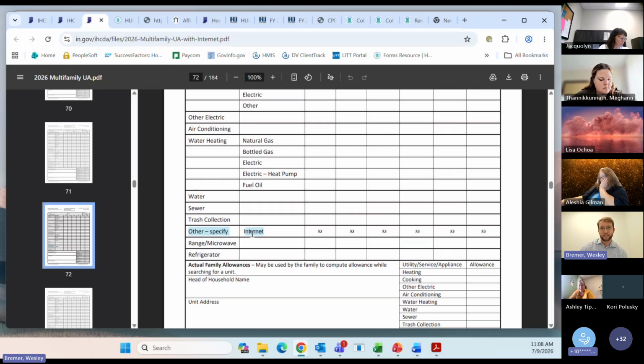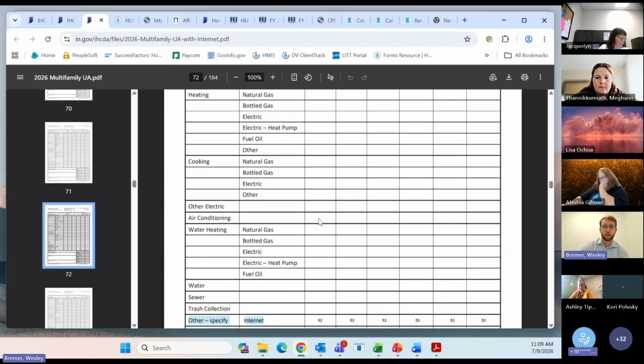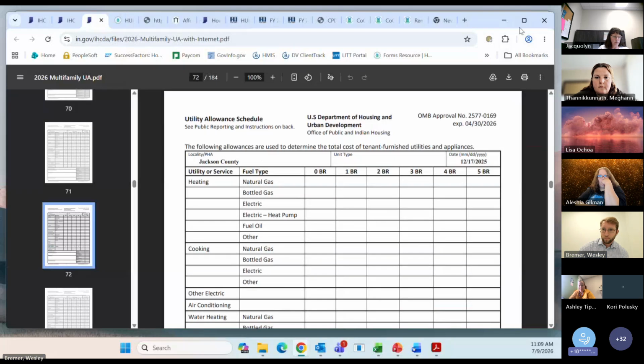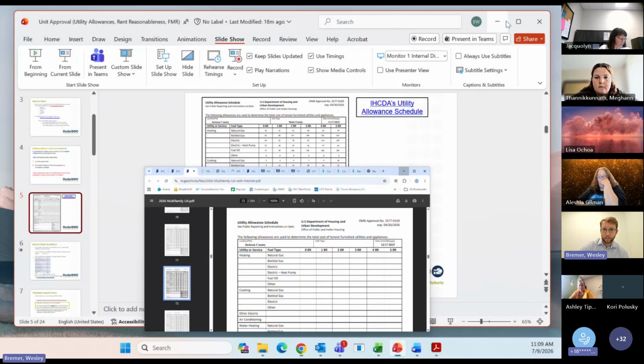Disregard that because it does not apply for CoC. As Megan showed a moment ago, there are 5 CoC eligible utilities: gas/oil, electric, water, sewage/wastewater, and garbage/trash. However you want to refer to things, there are 5 CoC eligible utilities. Yep, and that's utility allowance.